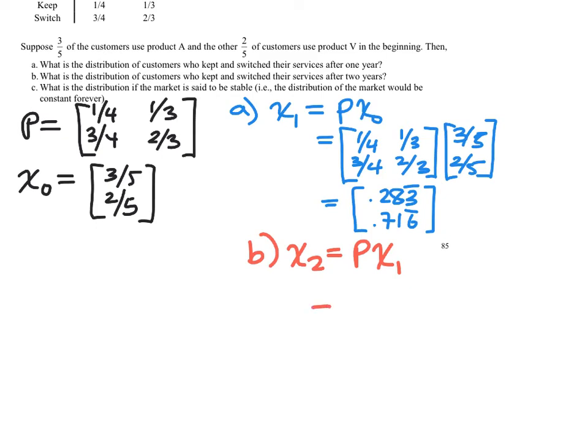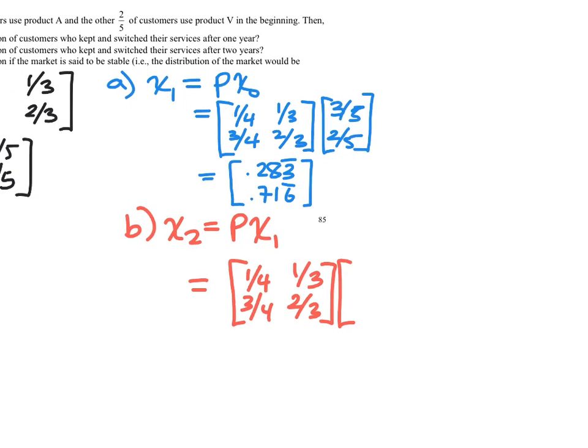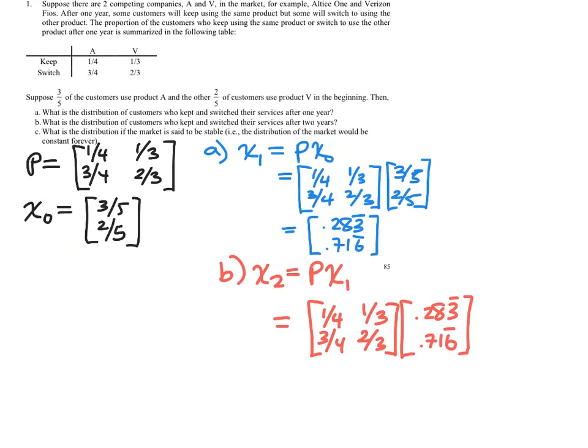So I still have my probability matrix, 1/4, 3/4, 1/3, 2/3, but this time, instead of being multiplied by 3/5, 2/5, it's going to be multiplied by 0.283 and 0.716. Keep and switch or keep or switch? First entry is keep, second entry is switch.